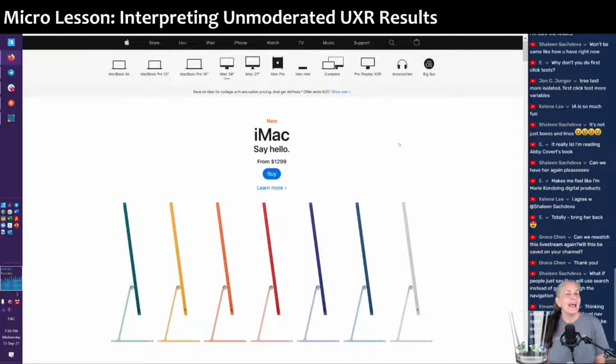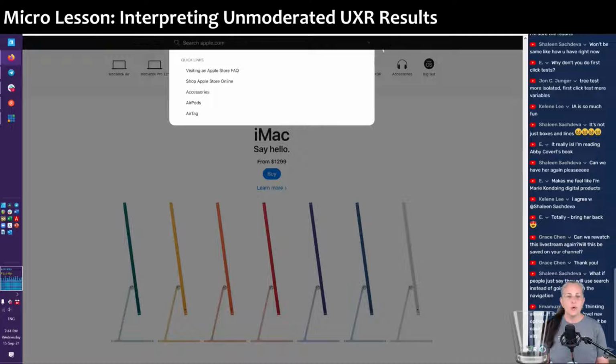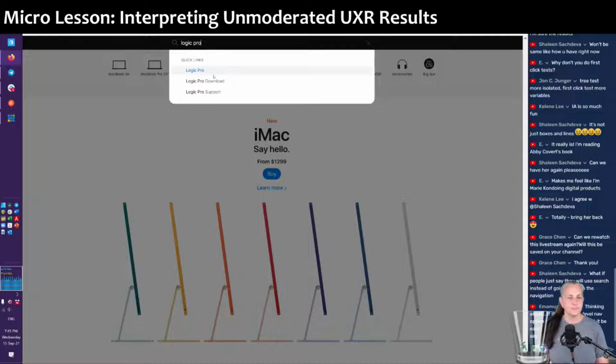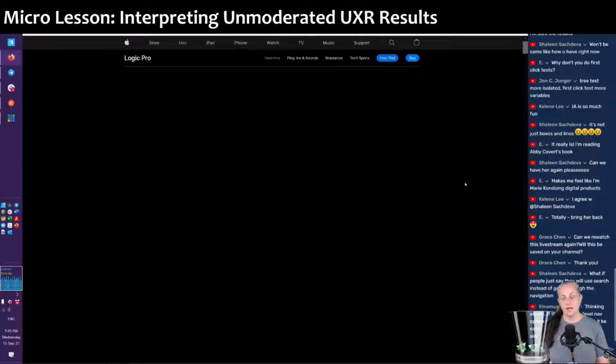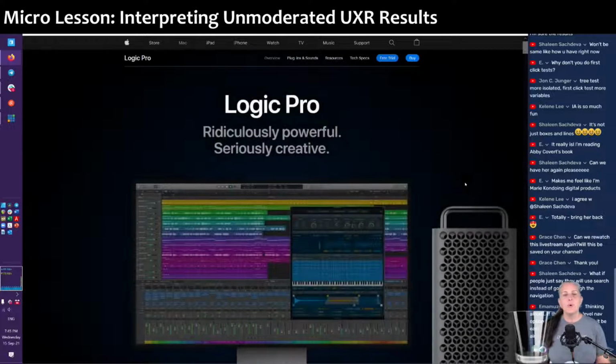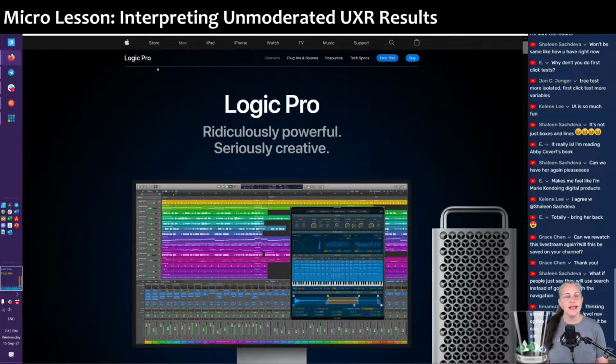We can't just say, hey, it's okay if our browsing sucks, people will search. Okay, now I'm going to search for Logic Pro. Logic Pro has its own page, but where does that live in the hierarchy? I can't even tell right now. It's very visually difficult.